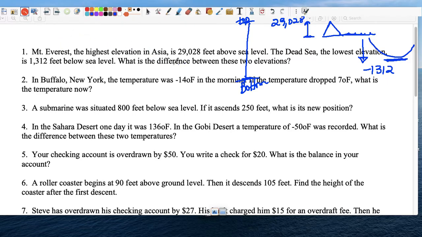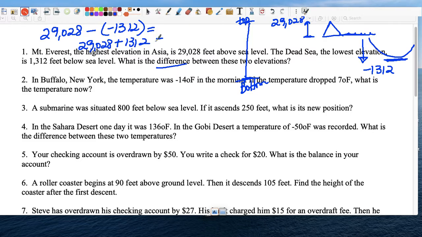Difference implies subtraction. So if we did this without the absolute value, 29,028 minus negative 1,312, this ends up being 29,028, and we change it to an addition problem, adding the additive inverse of the second.